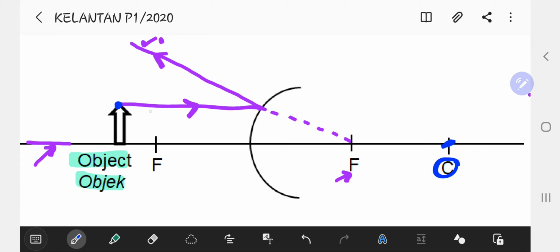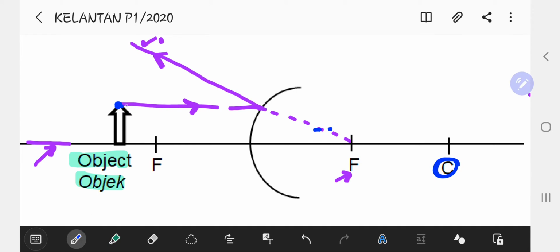In front of the mirror, garis lurus, solid line, bukan putus-putus. Di belakang mirror, then you draw putus-putus. Alah, my diagram is not good. You all try your best.